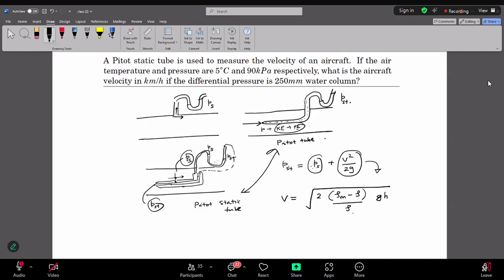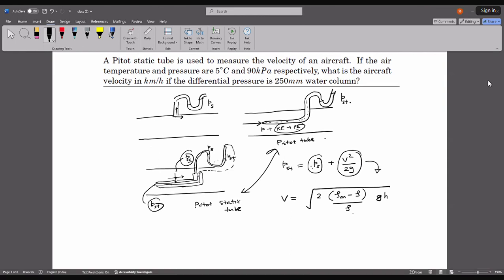So now, what are the things that we know here? We know the air temperature and pressure. So we need to find air density. This is basically density of the medium, in this case air. So this density of air will be the pressure of air over R into the temperature of air.